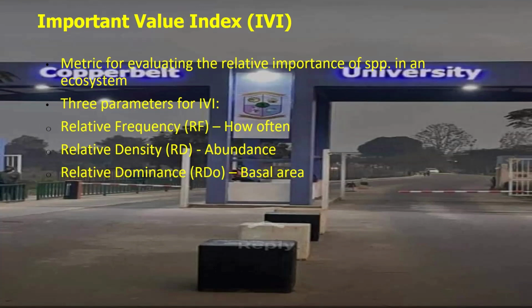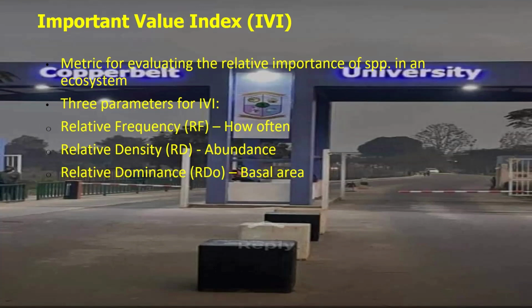And then we have another parameter, which is known as the relative dominance, with an acronym of RDO, where R is relative and DO is dominance. This one measures the basal area of species in an area so that we know how much of an area is covered by that specific species.